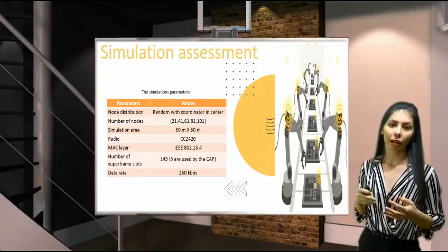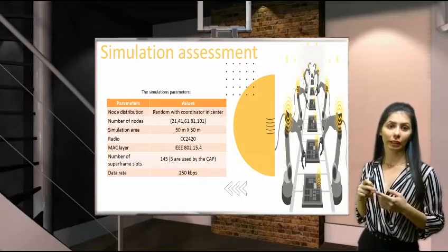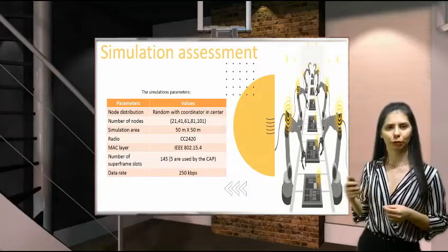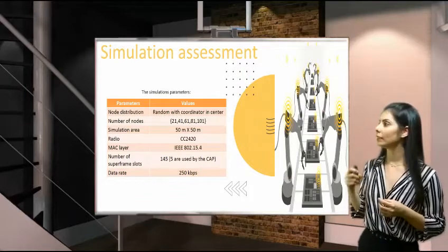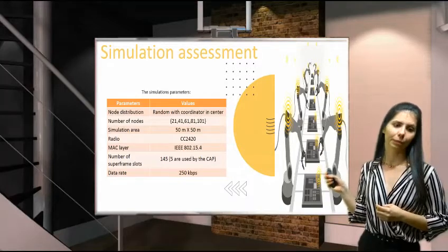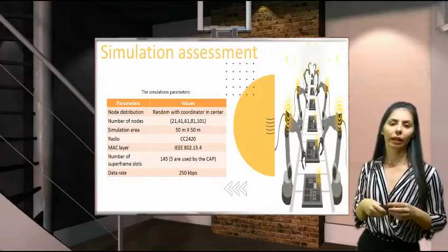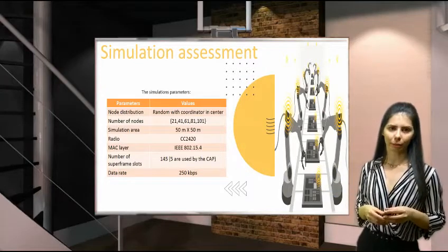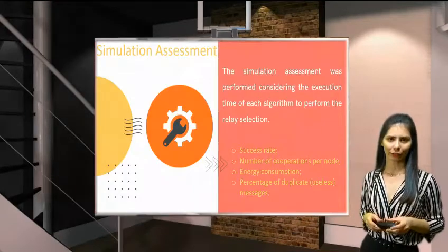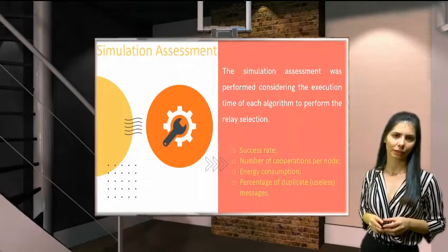We consider 5 scenarios with 21, 41, 61, 81, and 101 nodes, where one of the nodes is configured as a coordinator node. The simulation area was 50 by 50 meters. The radio used was CC2420, and the MAC layer was IEEE 802.15.4. All the algorithms have been coded in C++ and were tested on the same computer.